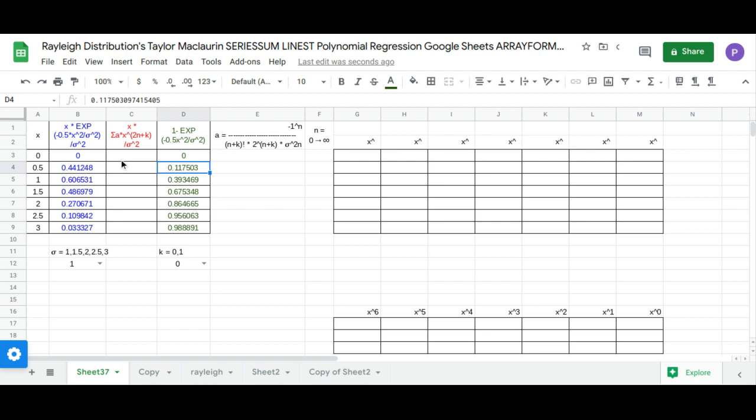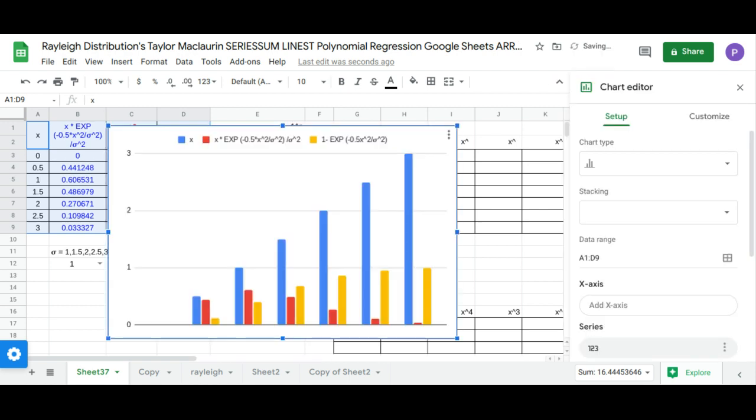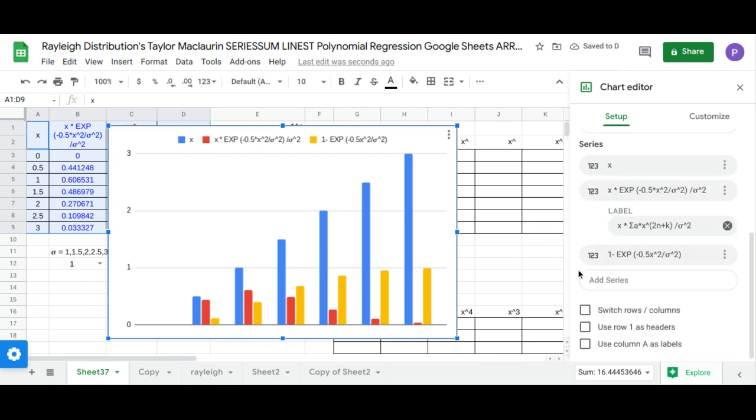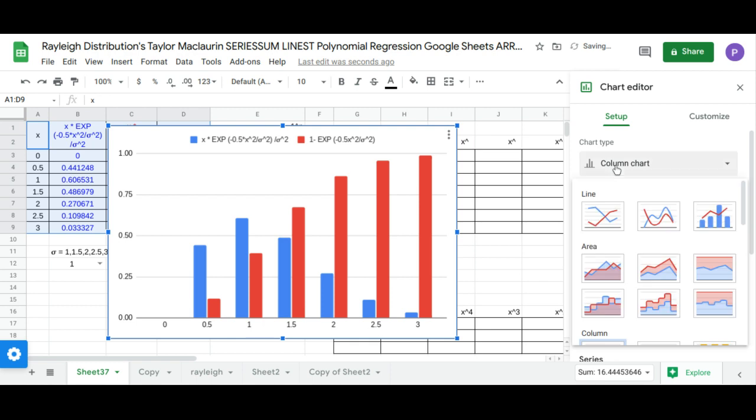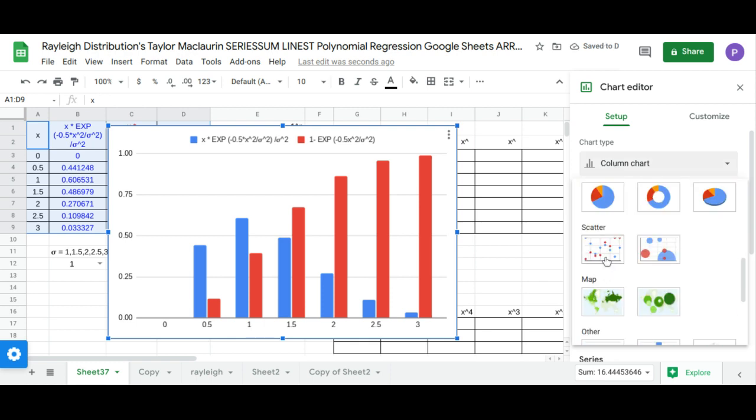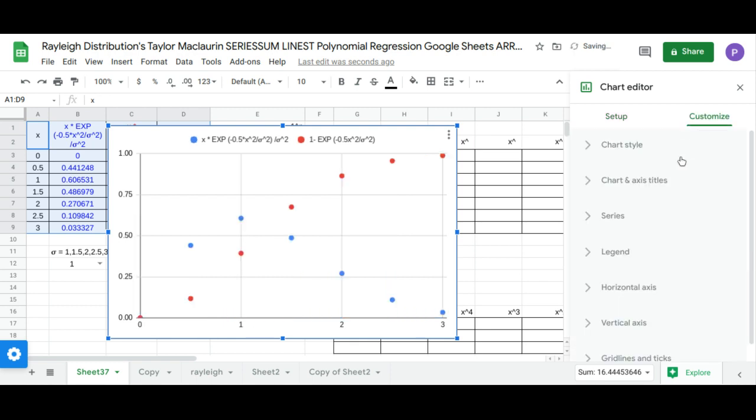And we calculate the Taylor-Maclaurin series sum for both. So we chart this, insert chart, and we'll use scatter chart. And we show the trend line.